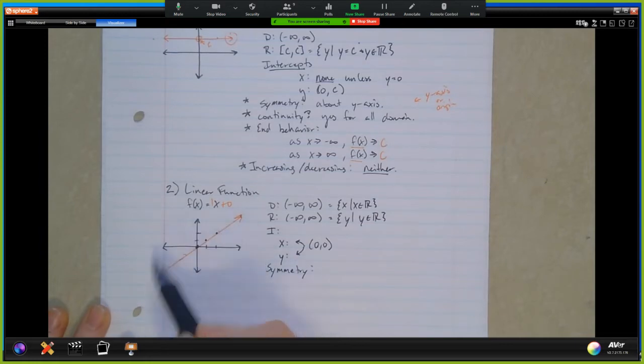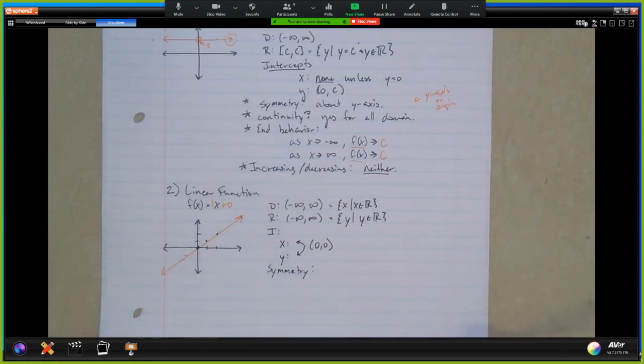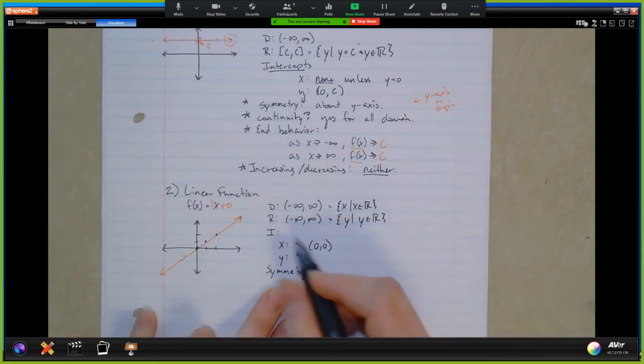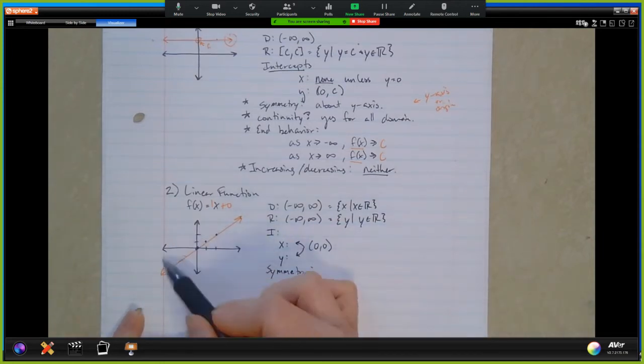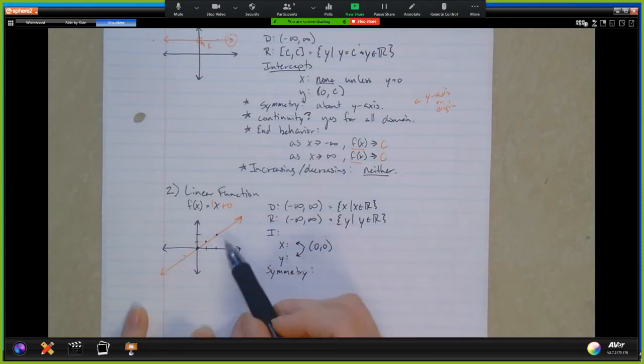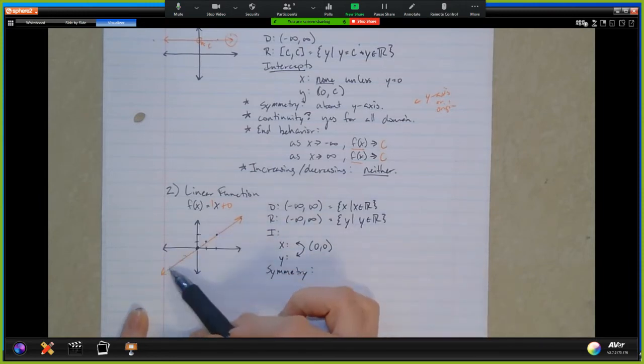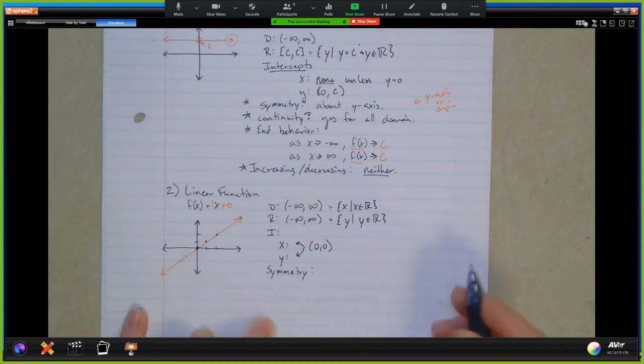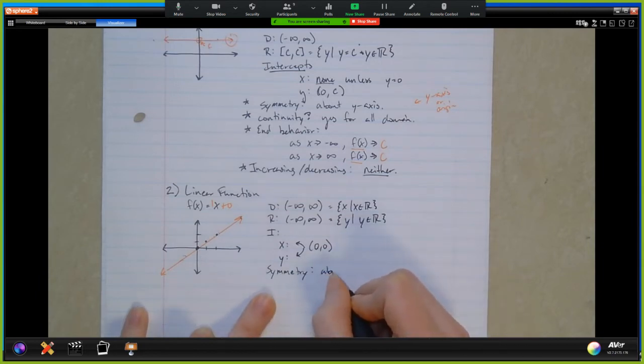And that's for every point on the graph. What would you say? Symmetric about the origin. Yep. In this case, it's nicer to see because the 180 is on that line the whole time, right? So symmetric about the origin.